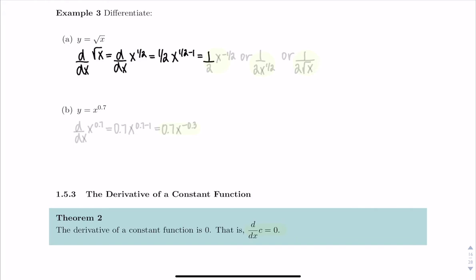And so we end up getting 1/2 x to the negative 1/2, or we can rewrite this as 1 over 2x to the 1/2, or 1 over 2 times the square root of x.